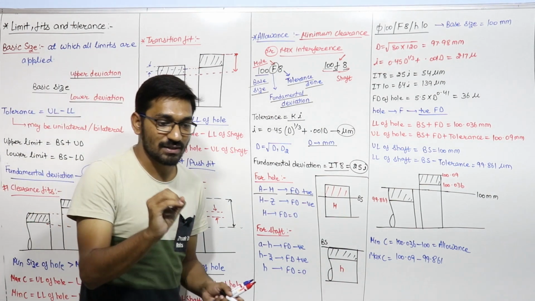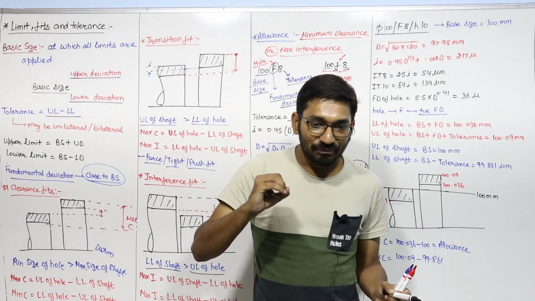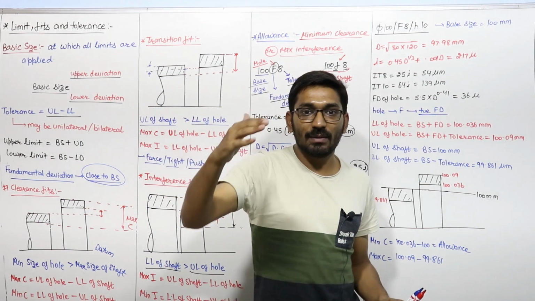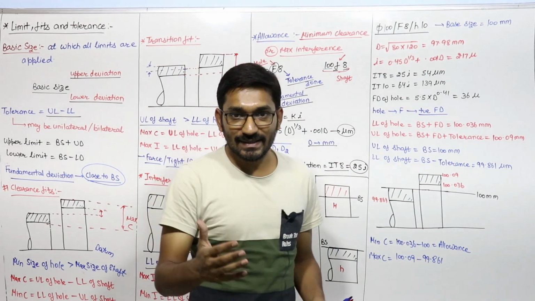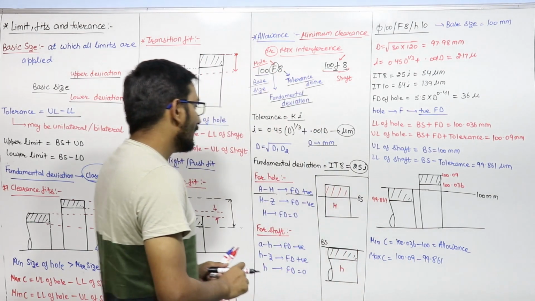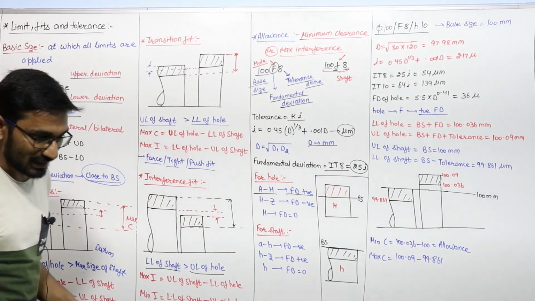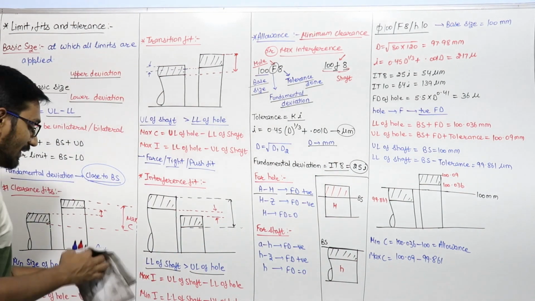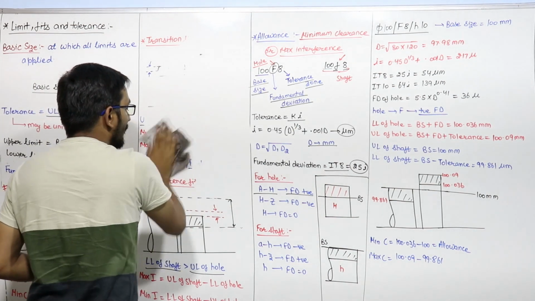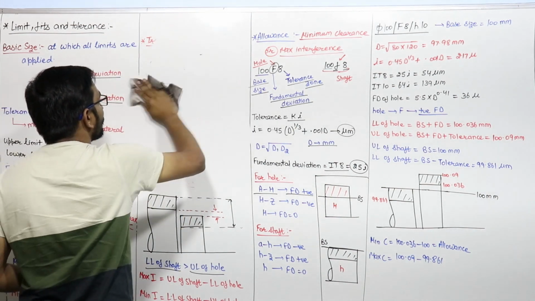The fundamental deviation positive means the lower limit of the hole is greater than the basic size. So right, fundamental deviation positive means if I draw here, for the hole, what is the meaning of fundamental deviation positive?